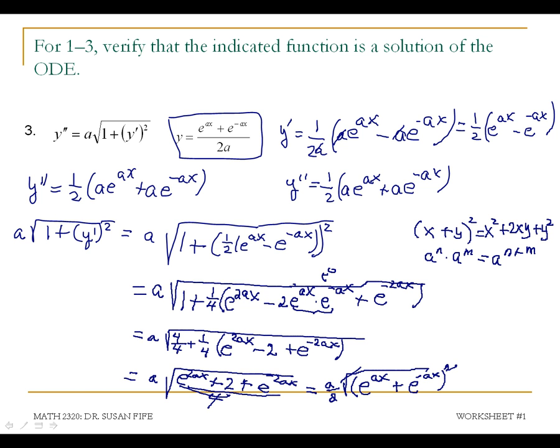Now this square root and that square are inverses of each other. They cancel each other out to give you a over 2 times e to the ax plus e to the negative ax. And notice that this is our second derivative. If you take out the a, you've got a over 2 e to the ax plus e to the negative ax.